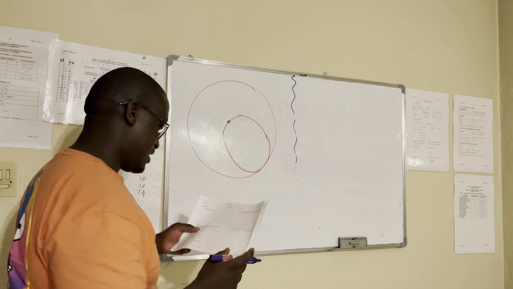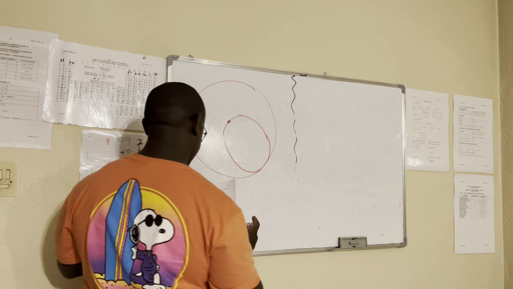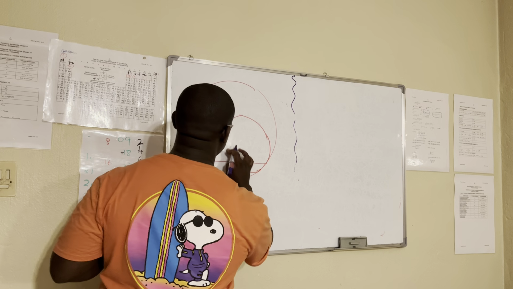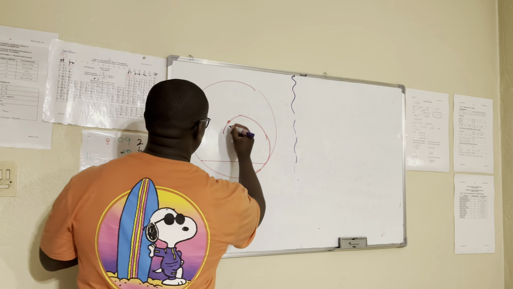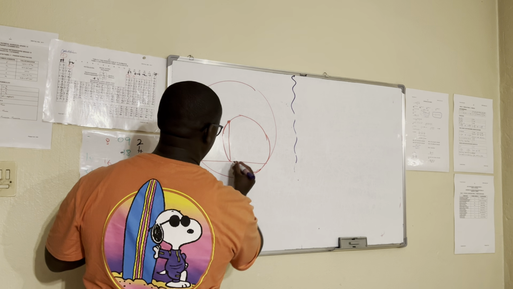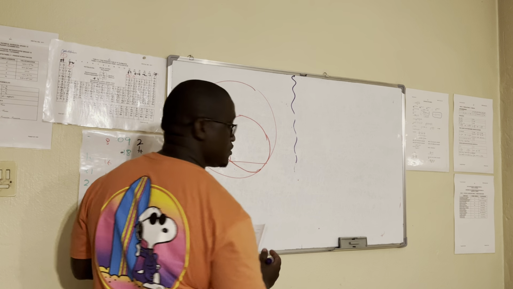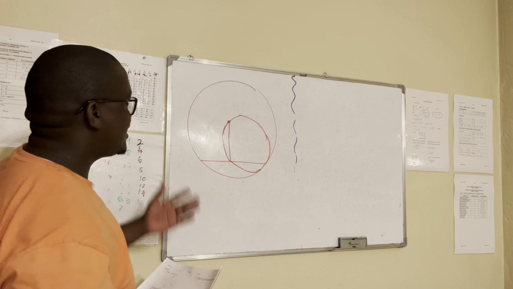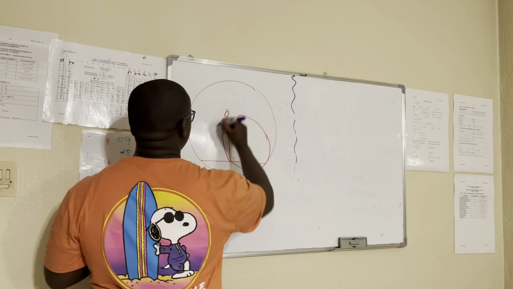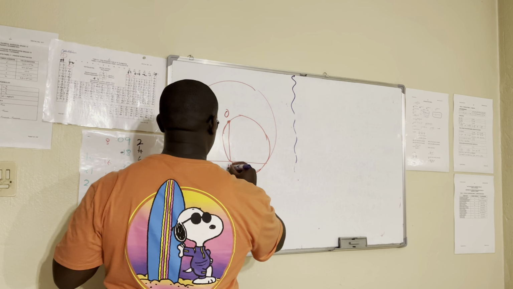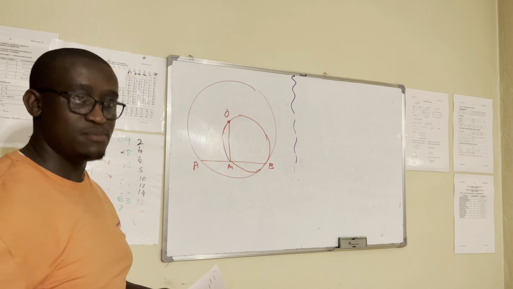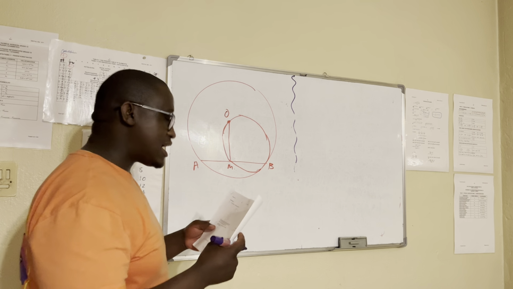Right? So, guys, I'm trying to draw this thing exactly the same way. So, the line, and then we have O, A, M, B. Sharp, guys, listen.